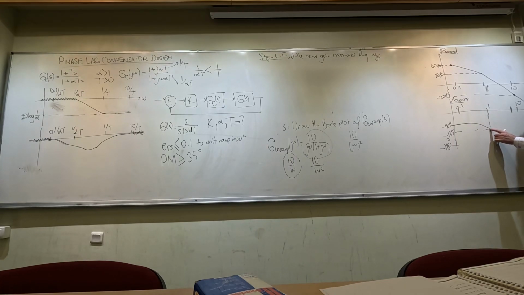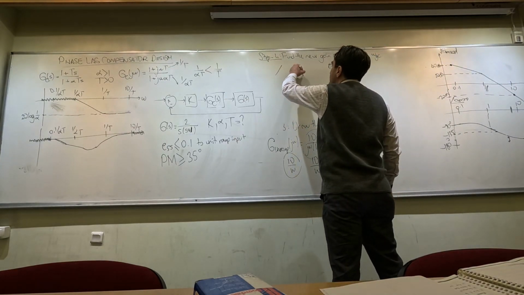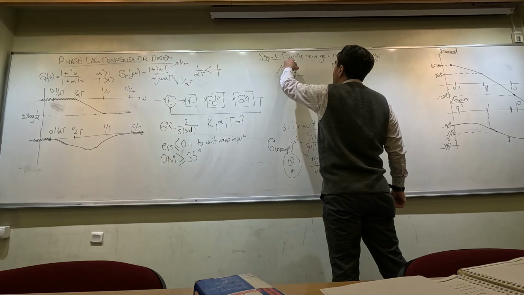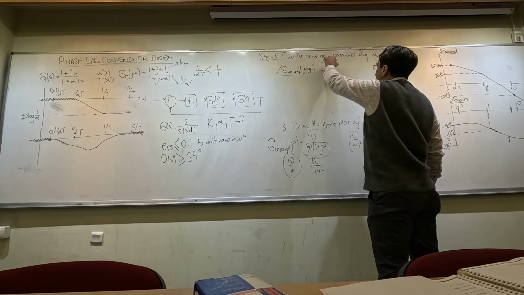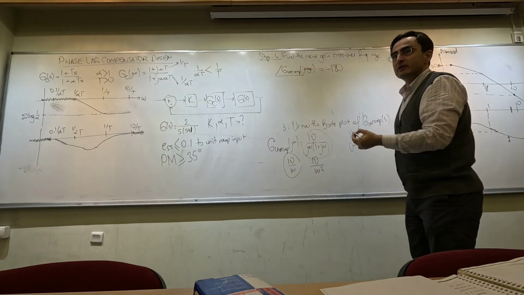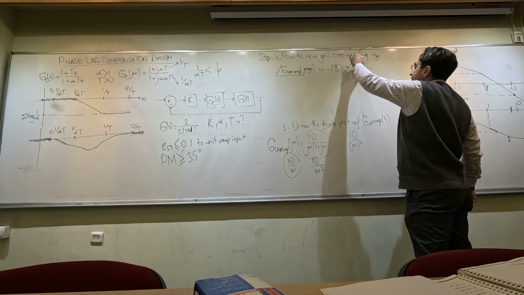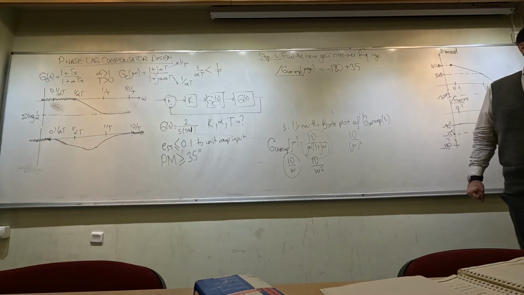At which point do we need our new gain crossover frequency? So here, where should I look at G uncompensated of j omega GC? This should be minus 180. I will add a 35 here, okay?